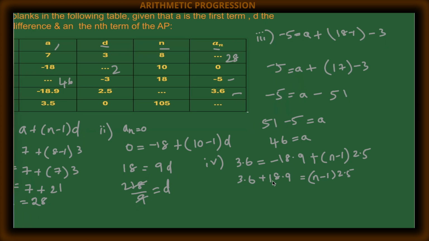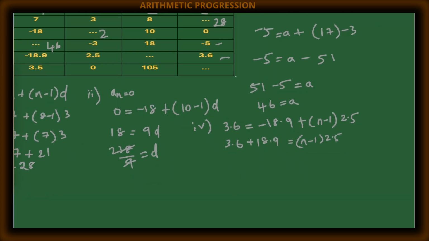Let's get some space here. Okay, so let's add this one. 3.6 plus 18.9 is equal to 22.5, equal to n minus 1 into 2.5. Okay, so let's bring this here. 22.5 divided by 2.5 is equal to n minus 1.